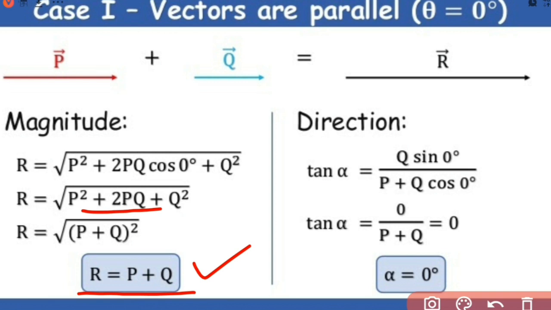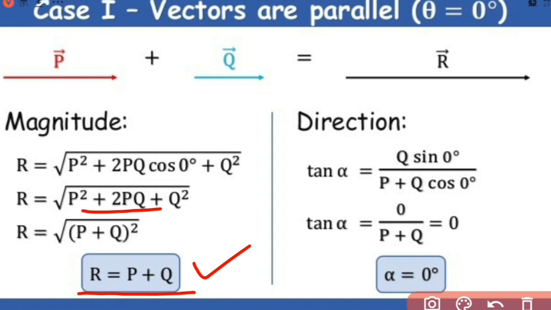And the direction in terms of alpha, we found tan alpha is equal to Q sin 0 divided by P plus Q cos 0. So tan alpha becomes 0 by P plus Q, that is equal to 0, which implies that alpha is equal to 0.